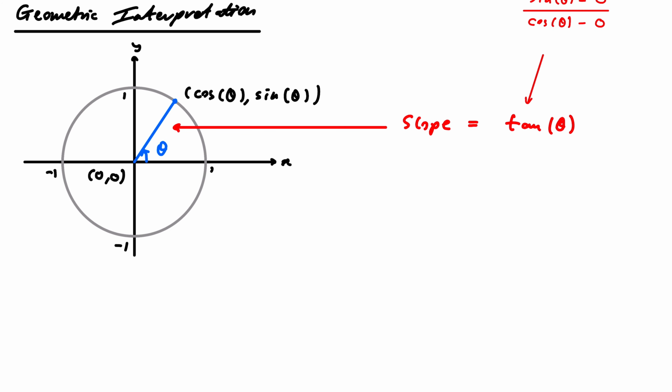So let's think about the graph. We're going to see the graph of tangent is really very, very different than the graph of sine and cosine. So let's take a moment to think about what we're going to see. I'm going to interpret tan of theta as a slope of a straight line.